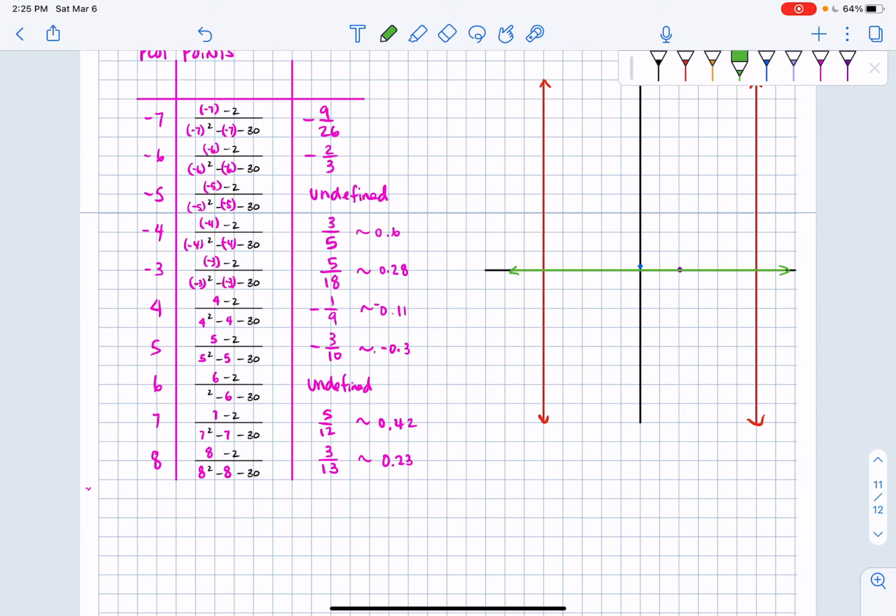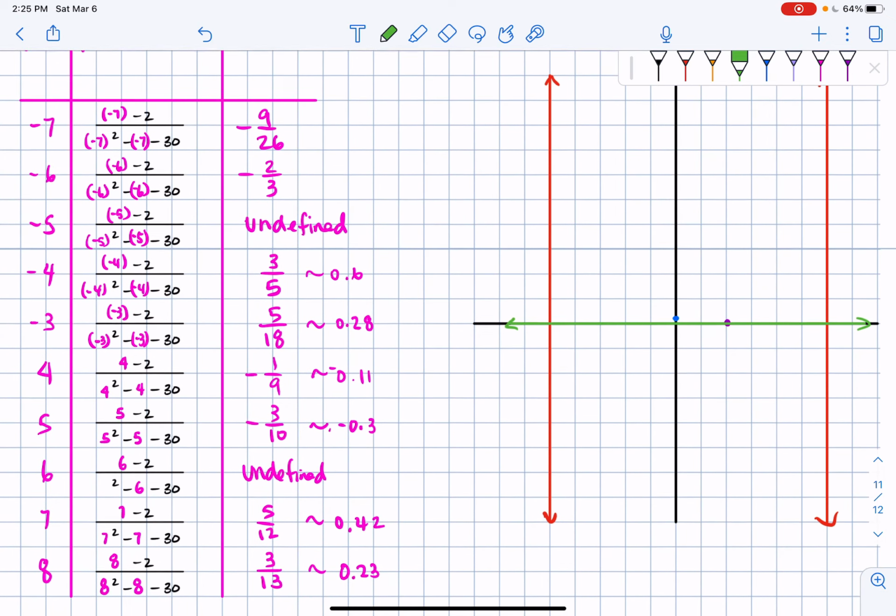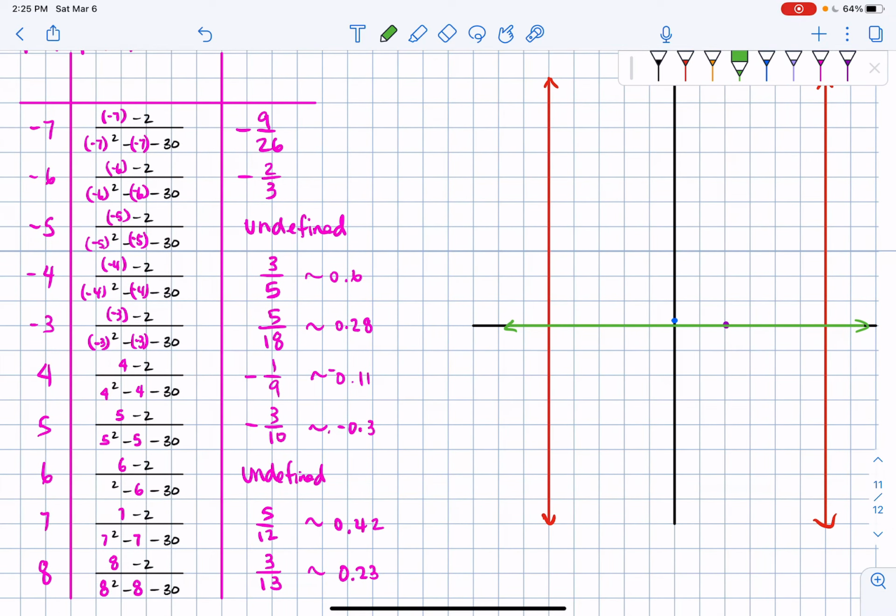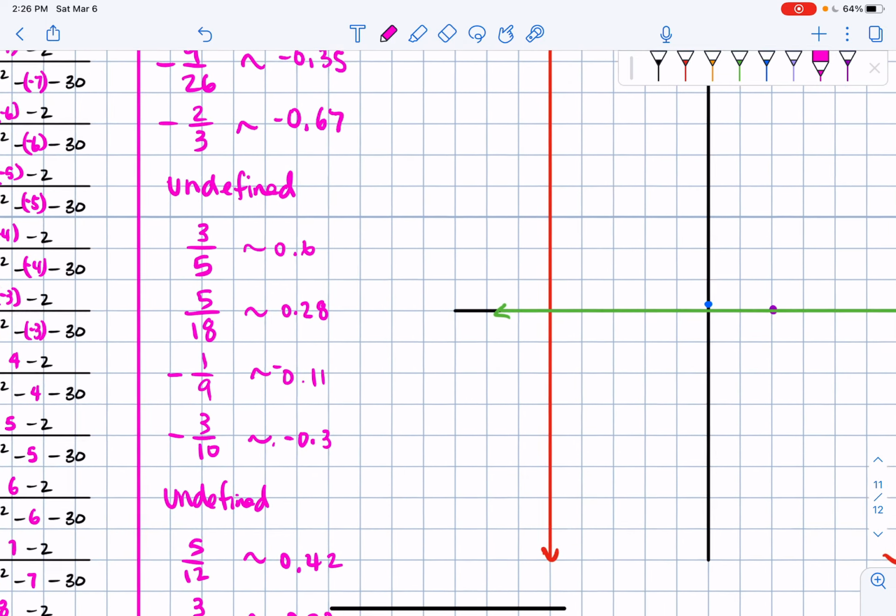So at negative 7, oh, I forgot to get those ones as well. Go ahead and write those down. This is approximately negative 0.67. And this is approximately negative 0.35. Okay. So if you notice, from negative 7 to negative 6, it's going down. It's staying on the negative side and it's going down.